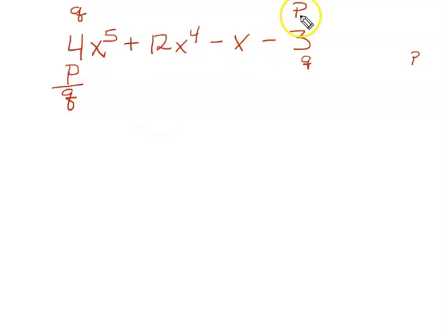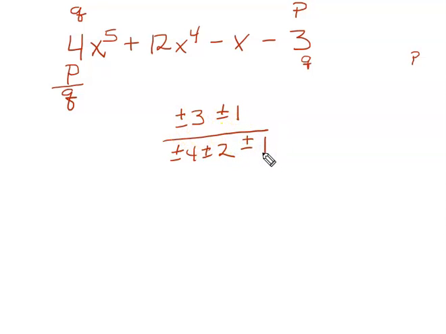So our factors of P will be plus or minus 3 and plus or minus 1. And the factors of 4 will be plus or minus 4, plus or minus 2, plus or minus 1.